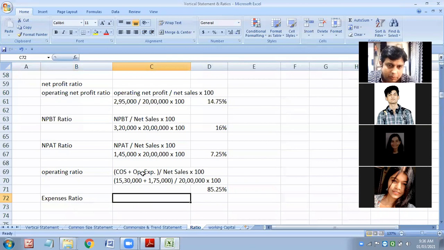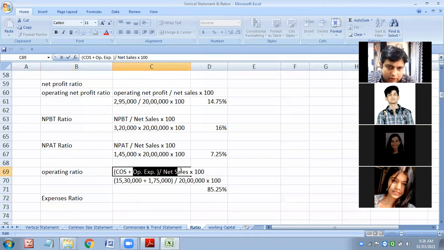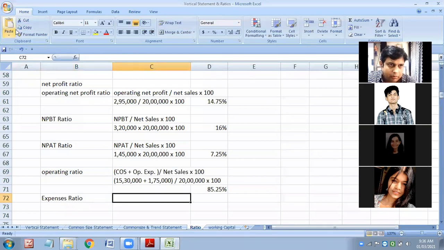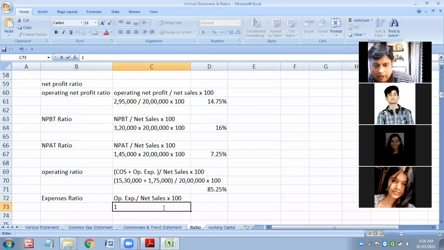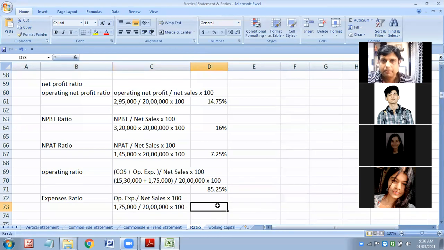Let me take first operating expenses upon net sales into 100. The operating expense was 1,75,000 over 20 lakhs into 100. How much are you getting? Quick.